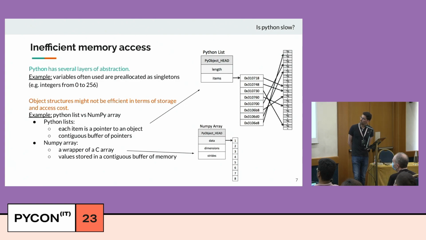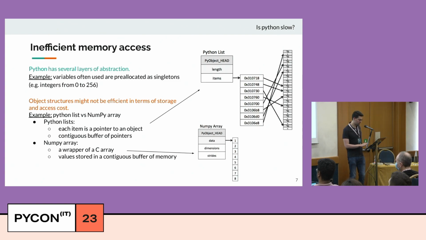On the other hand, Python lists are different. They are implemented not as pointers to values, but pointers to memory addresses, pointers to pointers, sorry. So memory access when working with Python lists and making operations on them can be difficult and is not so optimized.